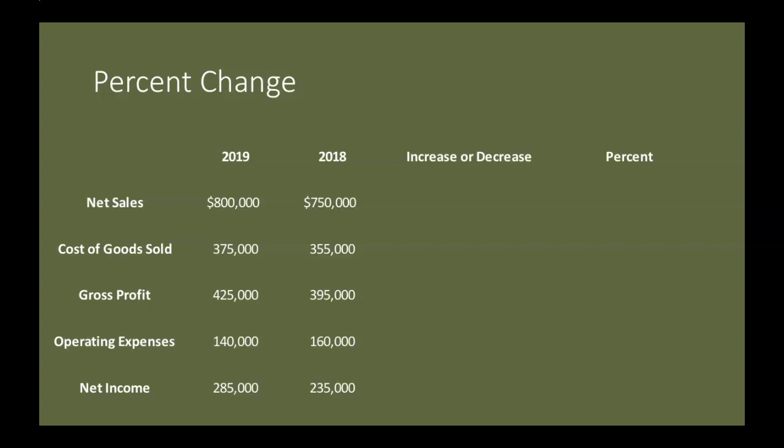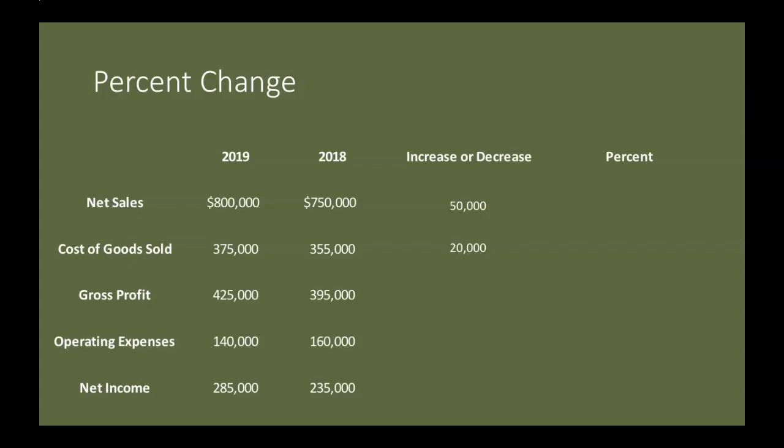The first thing we need to do is figure out the increase or decrease amount through all of those income statement line items. So net sales went from 750,000 up to 800,000, so that increased by 50,000. Cost of goods sold went from 355 to 375, an increase of 20,000.